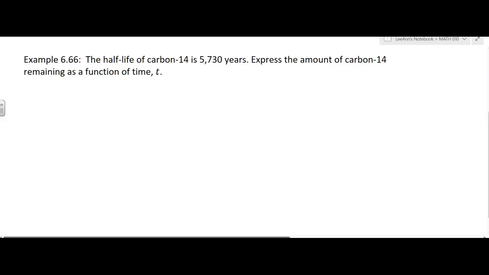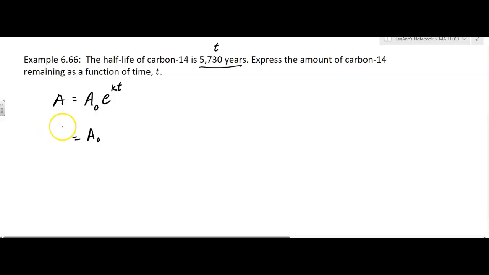here we go. So the half-life of carbon-14 is 5,730 years. So that is going to be our time. We're going to think about that amount of time in our model. So we're going to start out with our model. And then we're going to say, well, we don't know the amount of substance we're starting with.